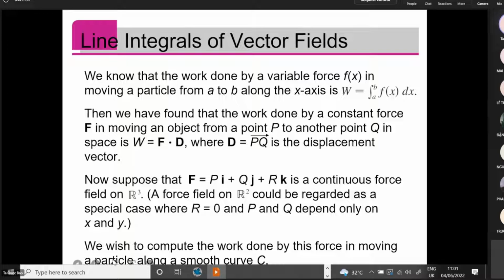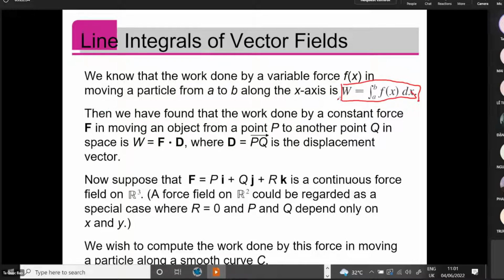So this is the application of integration in physics.